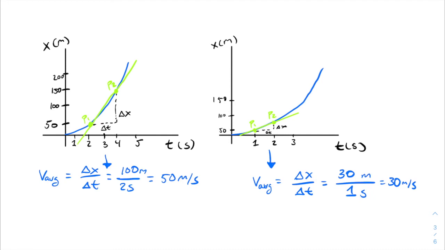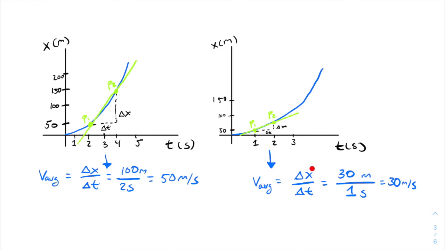Now, on the second graph on the right, the motion along a straight line for this object is this blue curve, and again we have 2 points, P1 and P2. The initial position corresponds to 50 meters at 1 second, and the second position corresponds to about 80 meters at 2 seconds.